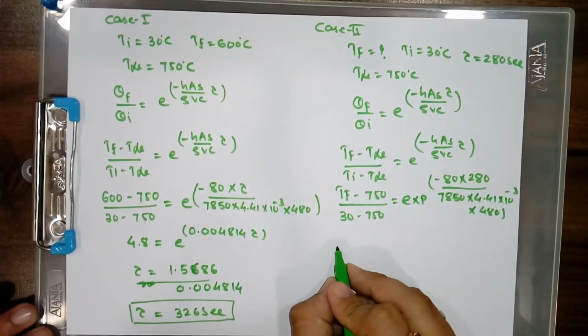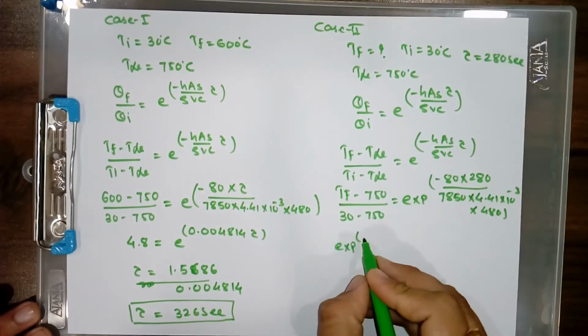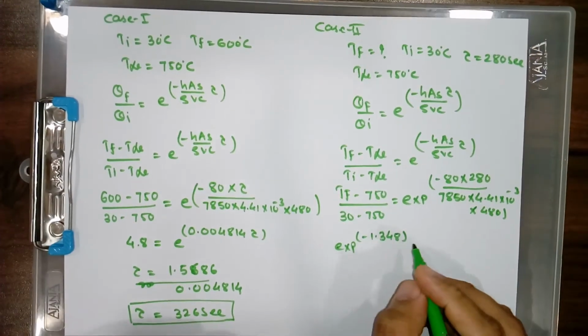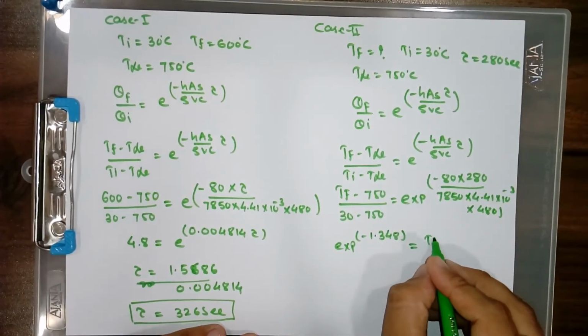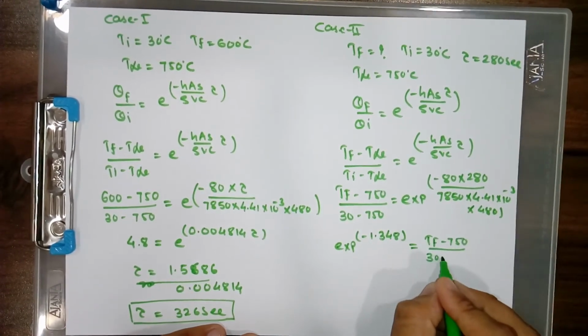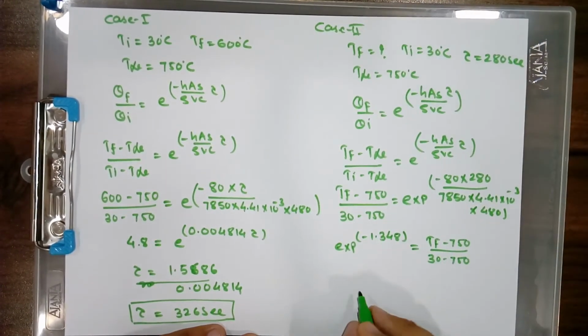So we get exponential of minus 1.348 equals TF minus 750 divided by 30 minus 750.